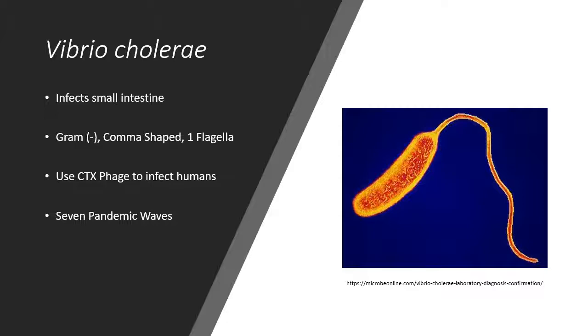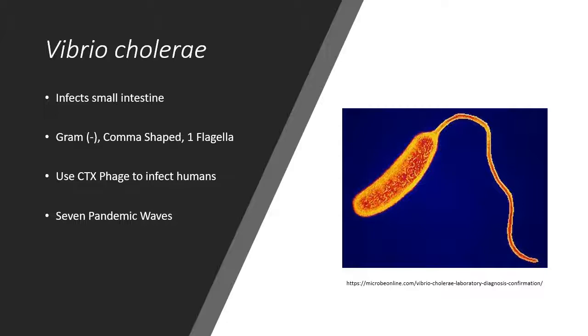Vibrio cholera uses a CTX phage to infect humans, and how it infects is that it uses a TCP, which is a special kind of pilus that it can use to attach to the small intestine cells of the human and then secrete a special CTX toxin.